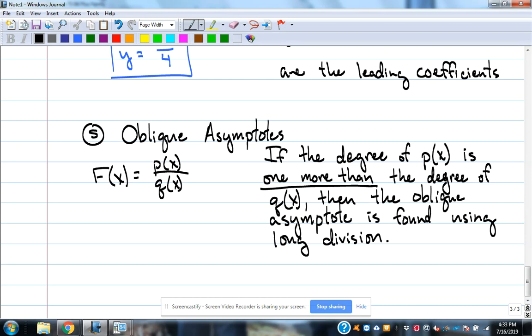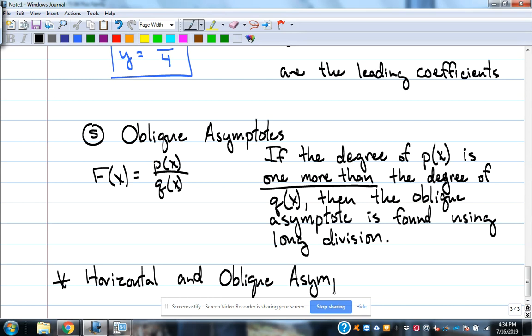All right, so horizontals occur if the degrees are the same, or the top is smaller than the bottom. Obliques occur if the degree of the top is 1 more than the bottom. So what that tells us is this special piece of information: horizontal and oblique asymptotes never, capital never, underline never, happen at the same time.